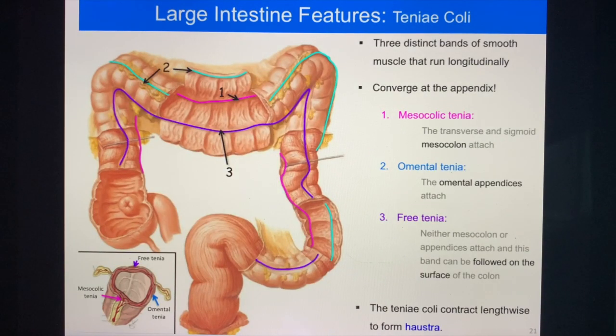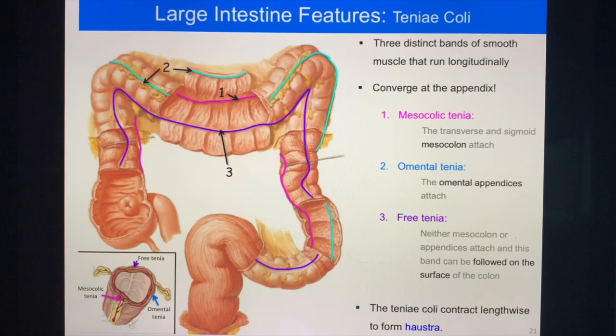Now, let us take note that the taenia coli, there are actually 3 distinct bands of smooth muscle that will run longitudinally along the large intestines, and this is your taenia coli. This is a distinct feature of the large intestines.